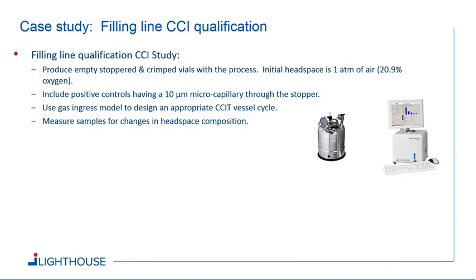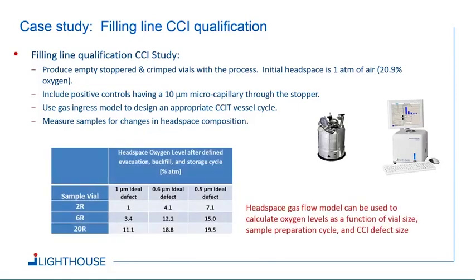We also used the gas ingress model to design an appropriate CCIT vessel cycle. And you see this in this table. So 3 different types of vials, and we could calculate what the oxygen level should be as a function of defect size for these different vial configurations.